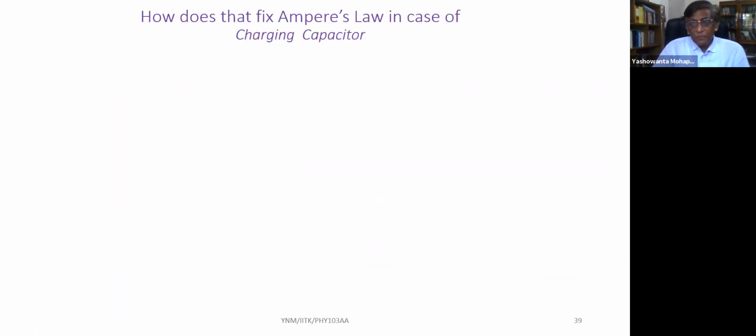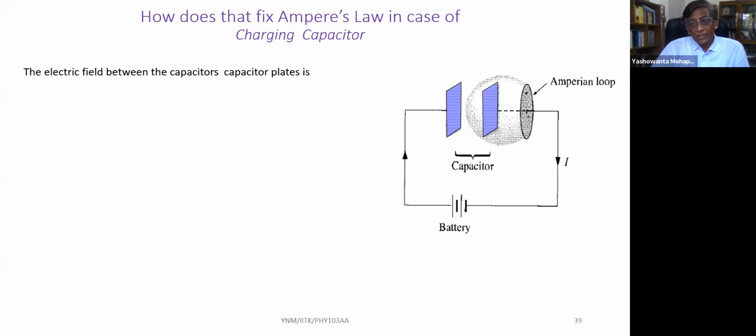How does that fix Ampere's law in the case of a charging capacitor? I had shown two views, one a charging capacitor as in the lab, the other the mathematical. The mathematical one is of course fixed. Does it fix the charging capacitor physical scenario? We asked that question. The electric field between the capacitor plates, let's say they are very close, is not drawn that way, such that we ignore the fringing field.